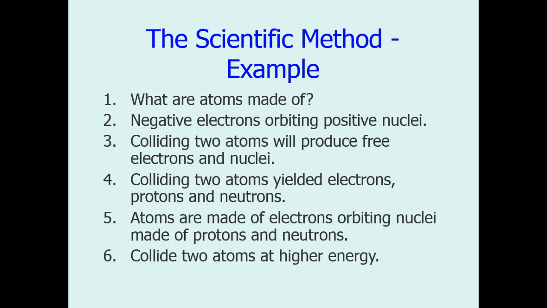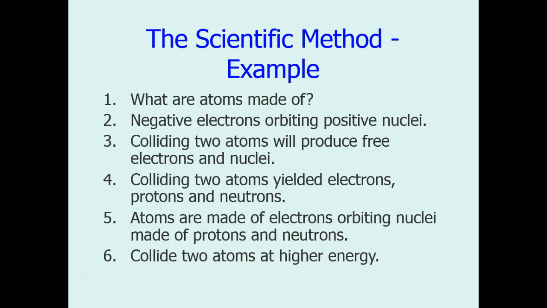Electrons are negative, protons are positive, and neutrons are neutral. They don't have any charge. But almost all the mass of an atom is in the protons and neutrons, and they're all in the nucleus. And the electrons, having hardly any mass at all, are taking up most of the volume of that atom. This was all found out through experimentation.